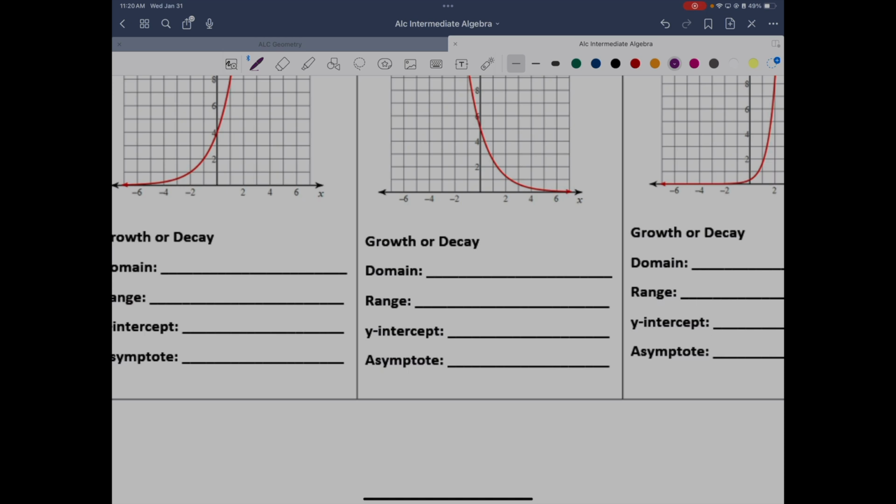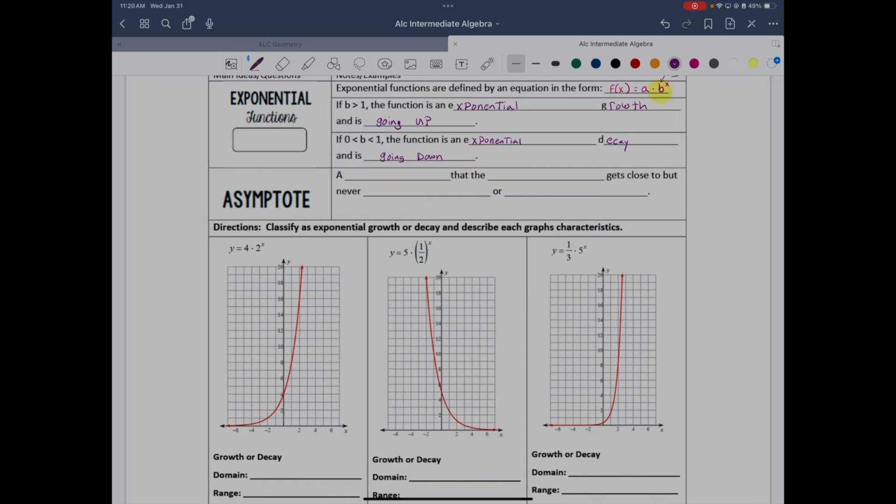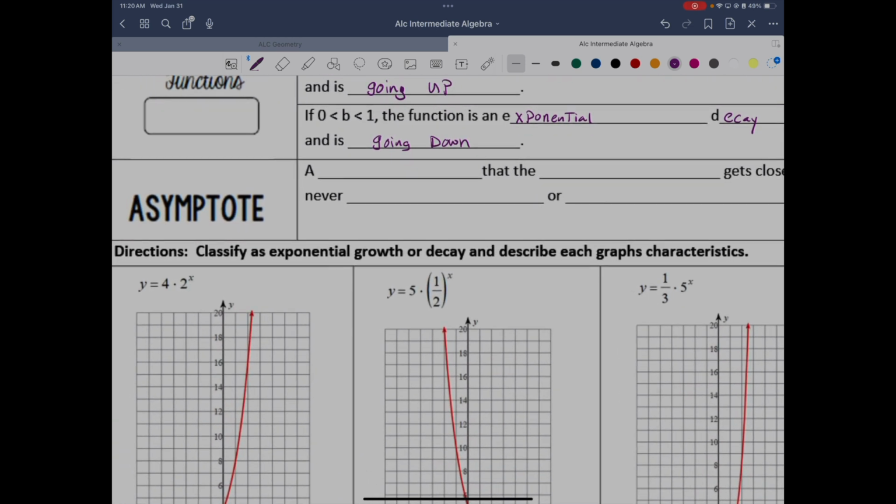As it goes down, it starts to flatten out and get closer and closer to a value of zero, but it never quite gets there. That is what we call an asymptote line.